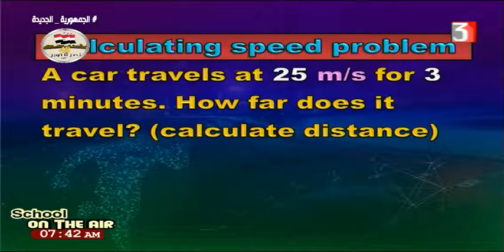The speed unit is meters per second, but the time is in minutes. So we will convert the time from minutes to seconds. We multiply 3 minutes times 60, which equals 180 seconds, so the measuring units are the same.